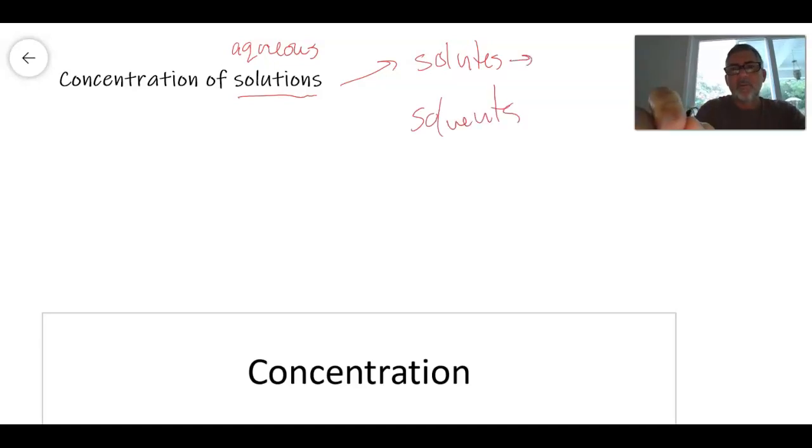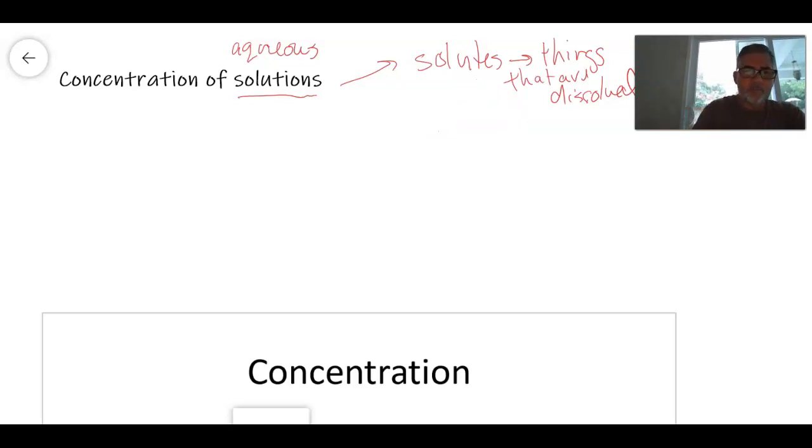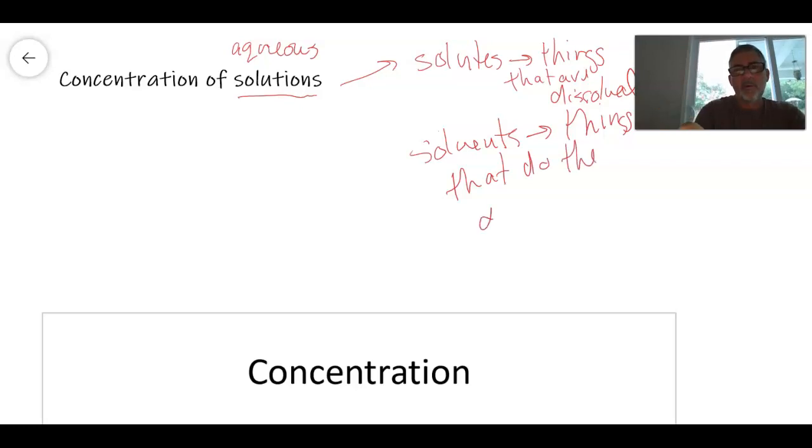Solutes are things that are dissolved, and solvents are things that do the dissolving.